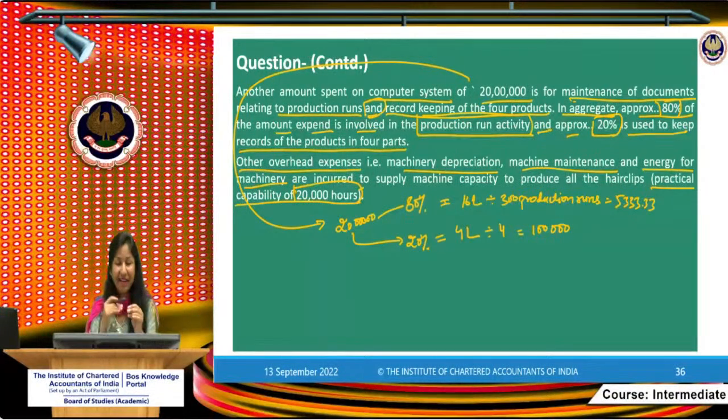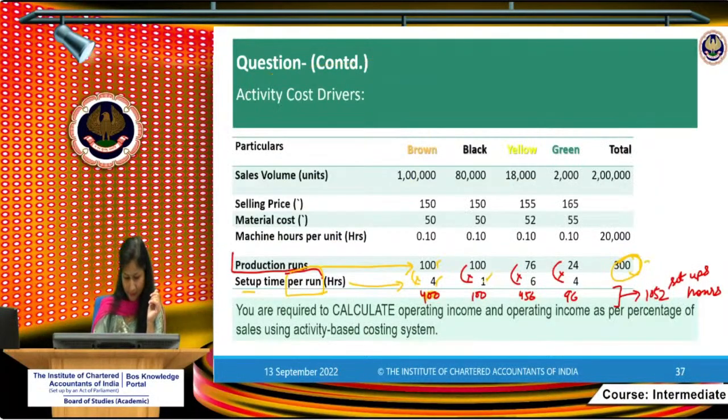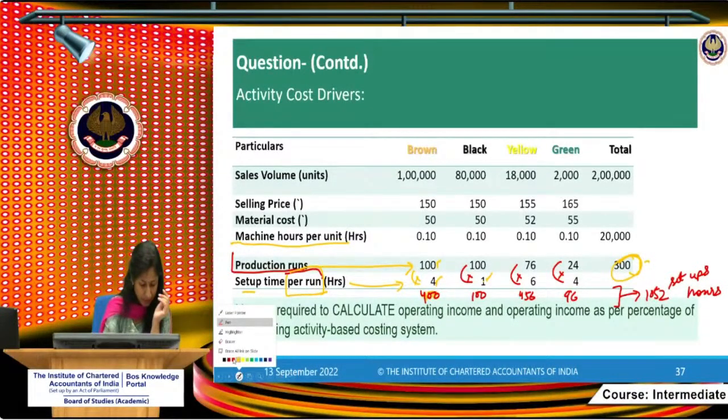Do we have any other information regarding cost driver? Let's see in the next slide. Yes, we have machine hours per unit.